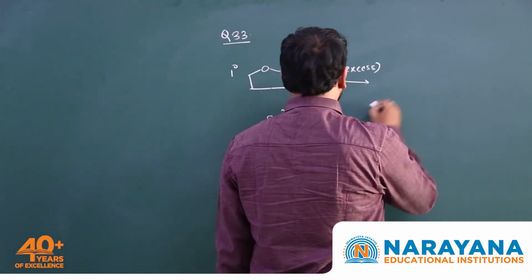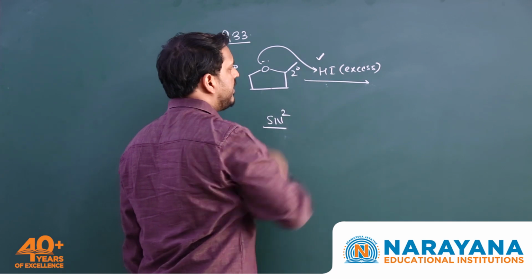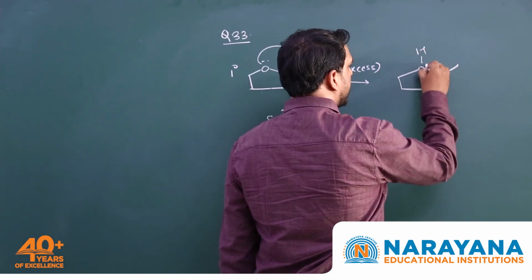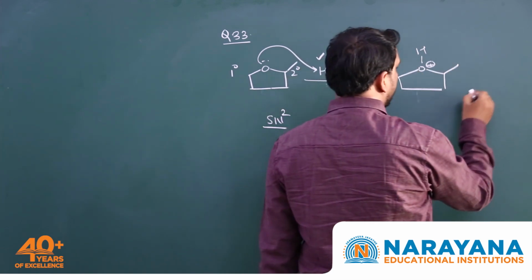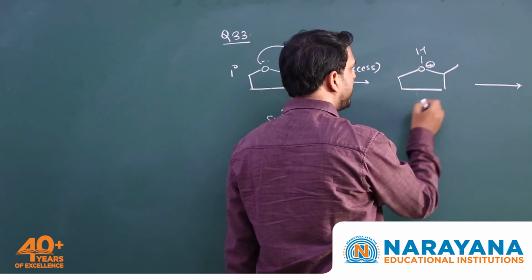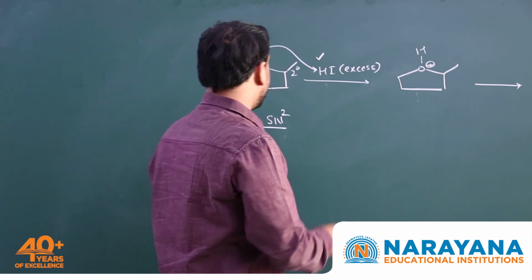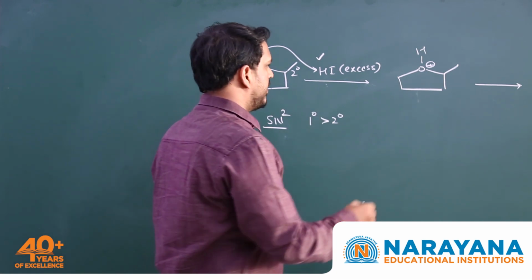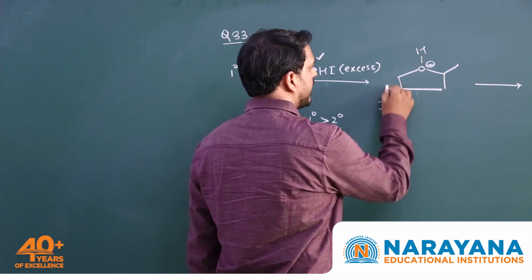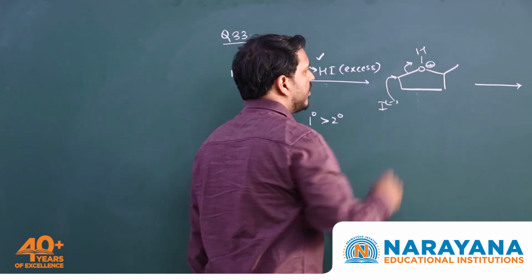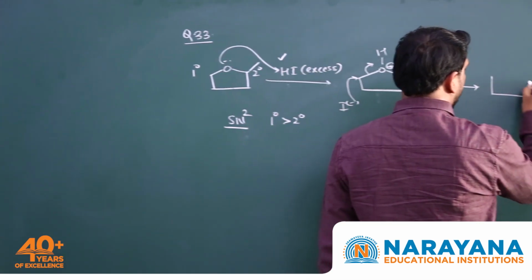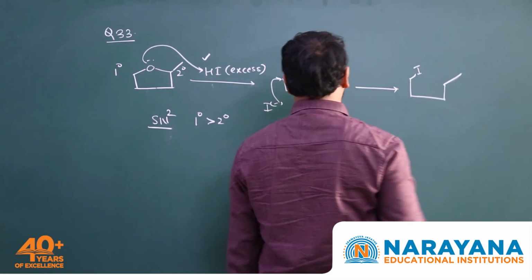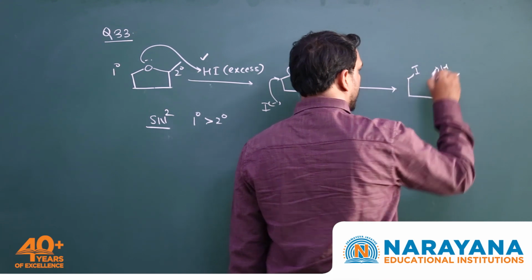So what happens in the first step? The ether gets protonated and forms the intermediate on which I minus attacks. So we have I minus as a nucleophile. In SN2, primary is more reactive than secondary. So I minus reacts on the primary carbon, forming the product having both I and OH.